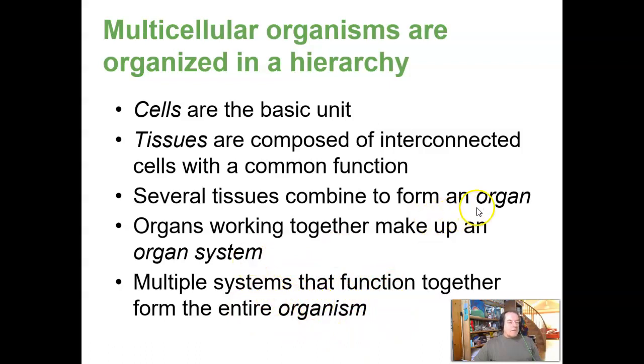Now, a little bit about these organs and then organ systems. If you look inside an individual cell, which is the subject of this chapter, just a single cell, we're focusing on single-celled organisms in 1406, each eukaryotic cell has what are called organelles.